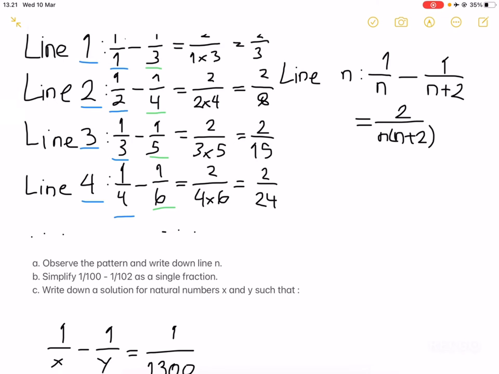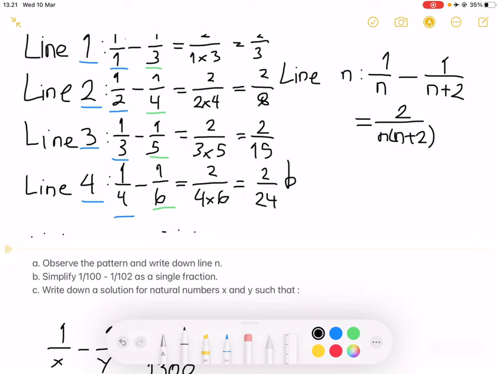And for part B, we need to simplify 1 over 100 minus 1 over 102 as a single fraction. And in this case, this is one of the members of the pattern listed here. If you look at these terms, then you know that this term right here will have n being equal to 100.